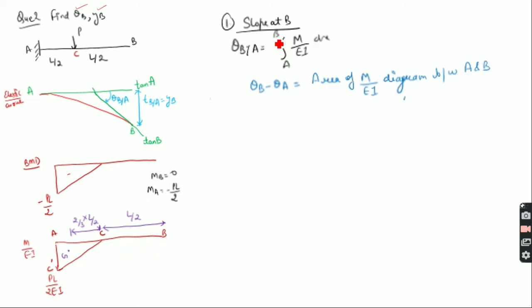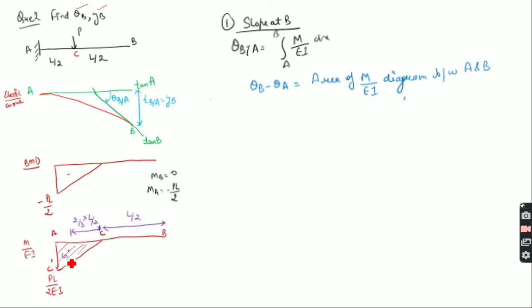So to calculate slope, we will use again this theorem 1, theta b is equal to the area of M by EI diagram between A and B. So see here carefully, although we have to consider A to B, the area of complete this M by EI diagram, but the bending moment diagram is just this much. So we will have to consider this much area only.